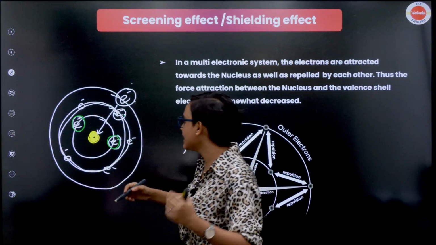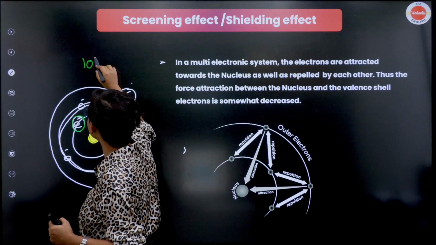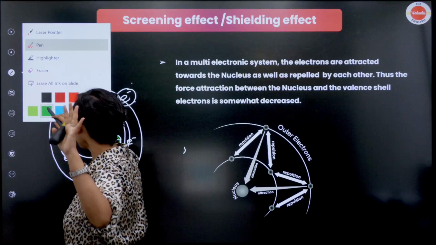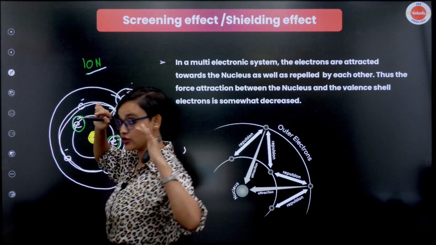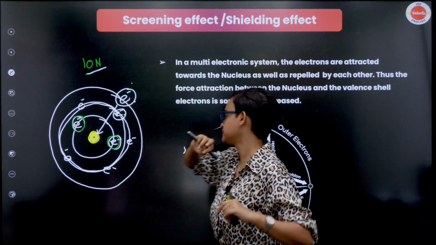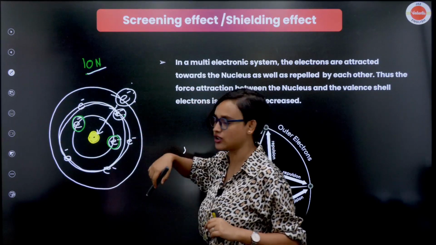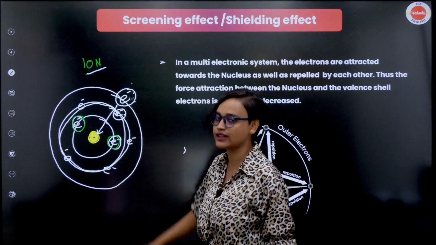Let's say the nucleus was exerting a force of 10 Newton. Just an example, obviously it cannot exert a force of 10 Newton. So the nucleus is thinking that 10 Newton will reach this electron.